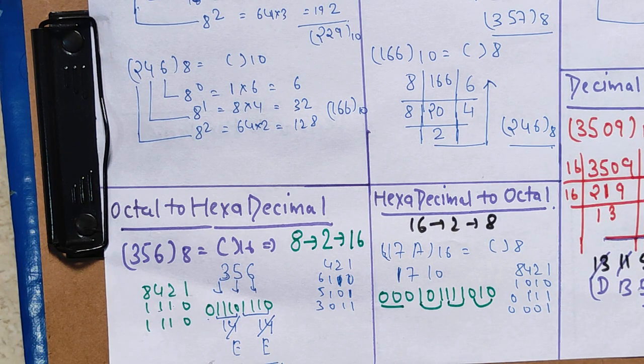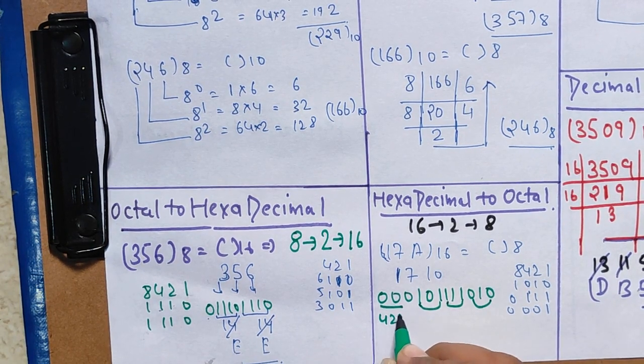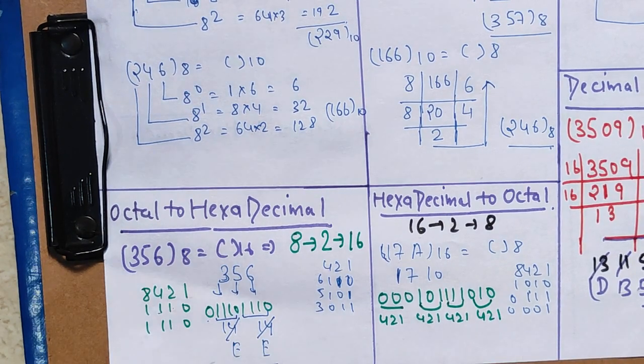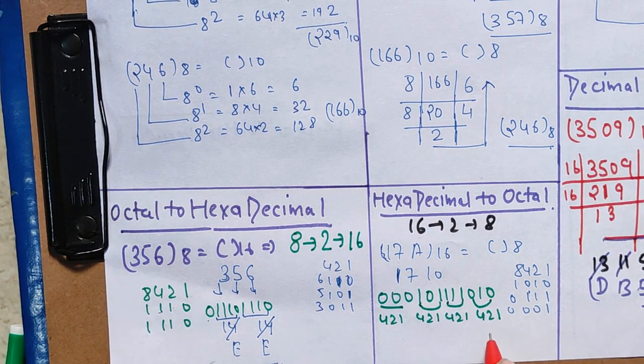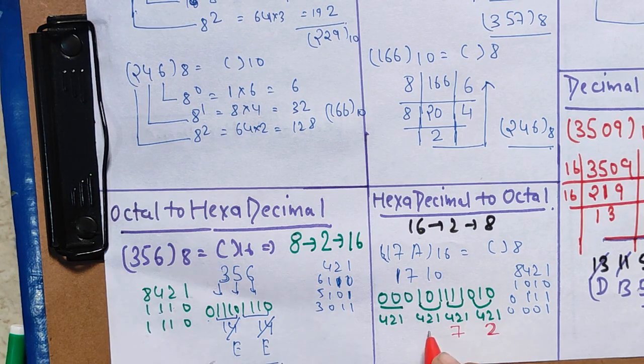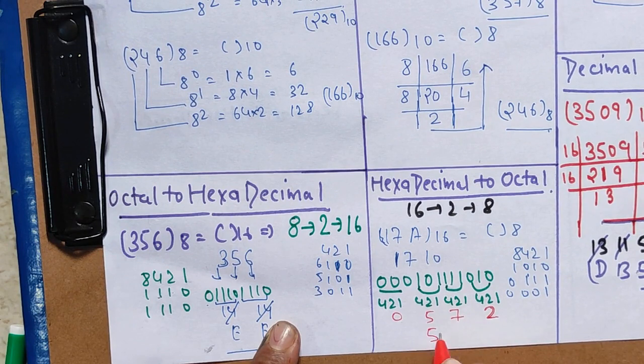Again, I will use the 4 2 1 code. 4 2 1, 4 2 1, 4 2 1, and 4 2 1. This is 0 1 0. It means it is 2, and it is 1 1 1. Then what does it mean? It is 7, and it is 1 0 1. What does it mean? It is 5, and it is 0. Okay, at the end our answer will be 572 to the power 8.